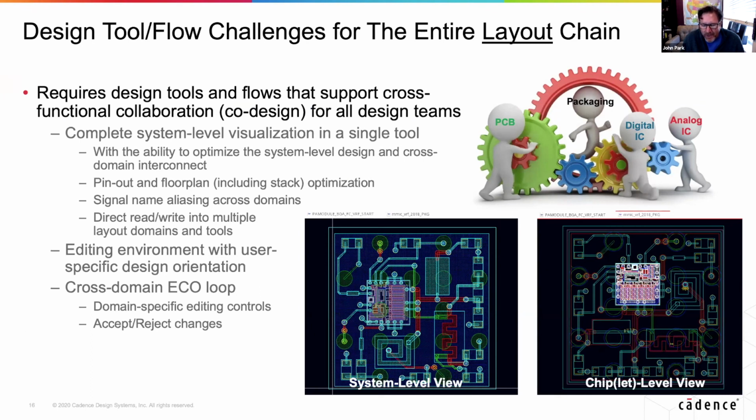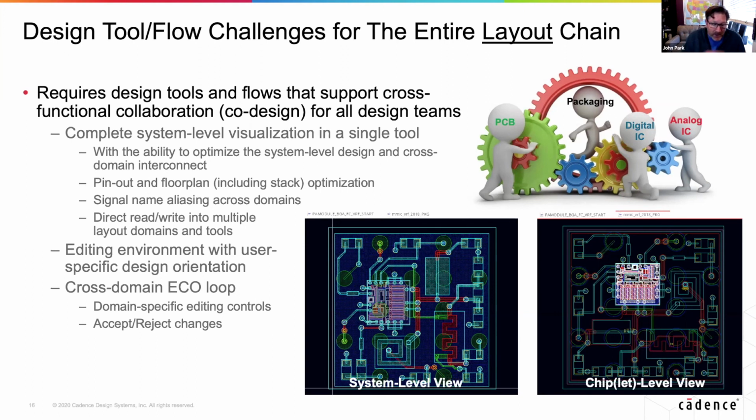No more throwing something over the wall to the package design team and expecting it to get implemented and the design to work. Those days are over. As you move into heterogeneous integration, you have to have design teams and design flows that allow seamless collaboration and design sharing between the two different worlds.